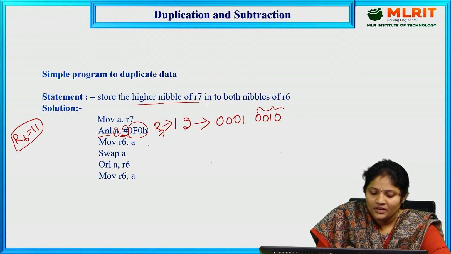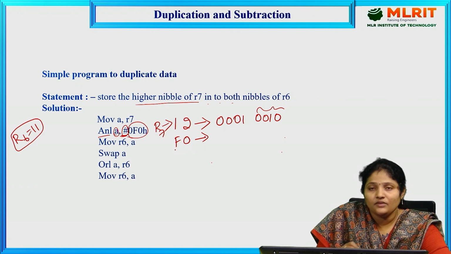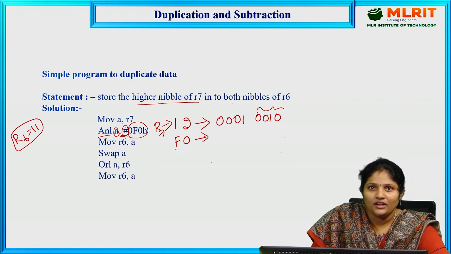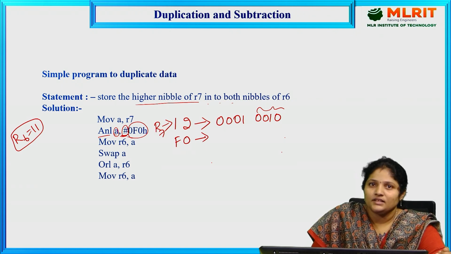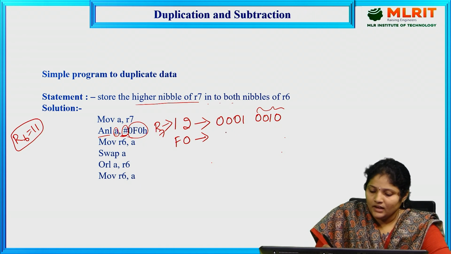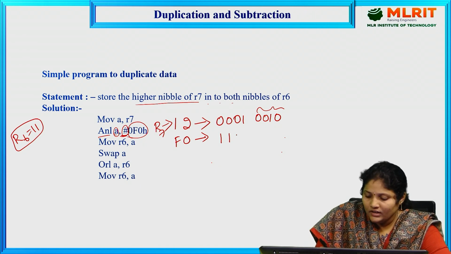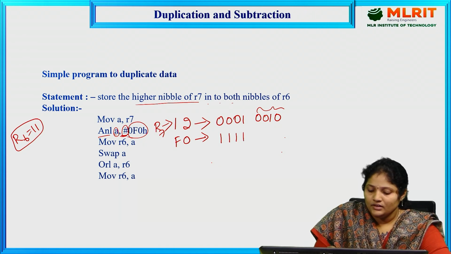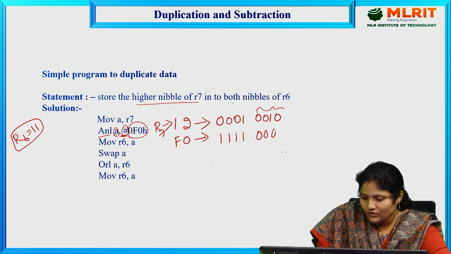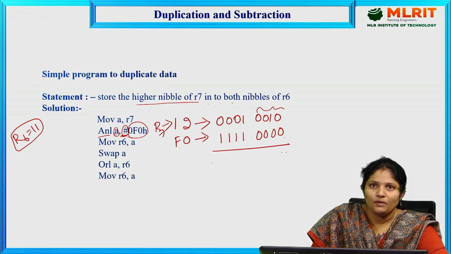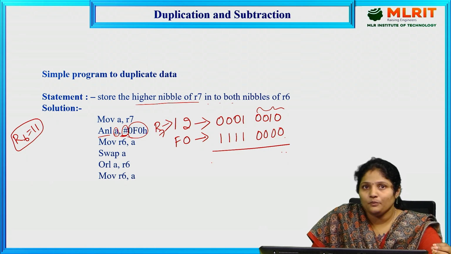Let's see how. Here we need to perform AND with F0. What is the value of F here? F is 15, so 1, 1, 1, 1, all ones. Now 0 is 0, 0, 0, 0. So I need to perform the AND operation. What is the logic of AND? Only if both inputs are high do we get the output as high.